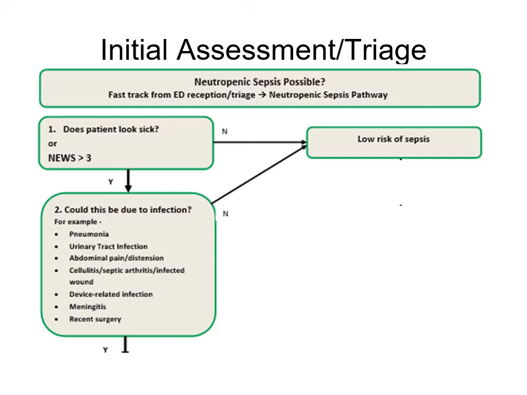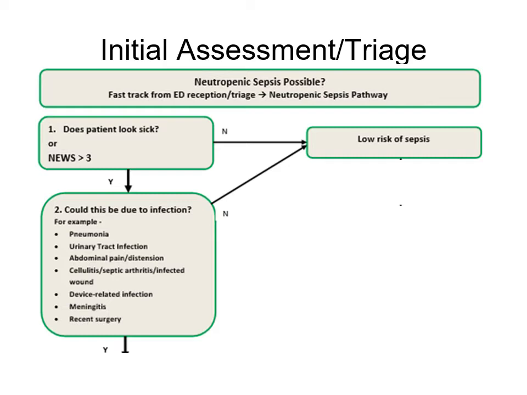For those patients that don't fit that criteria, the first thing the initial assessor will do is look at the patient and see if they actually appear sick or if they have a NEWS score of greater than 3. This is the cutoff that we use locally here, which maximizes the sensitivity at triage.